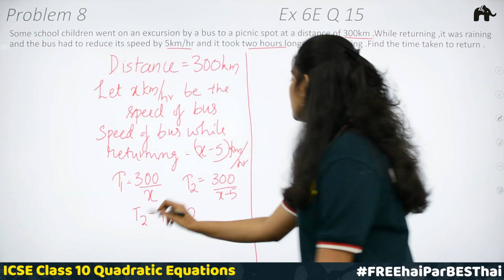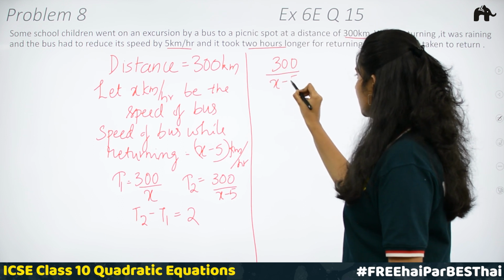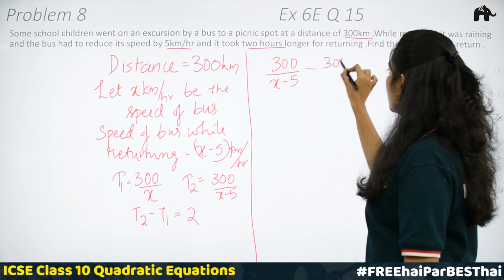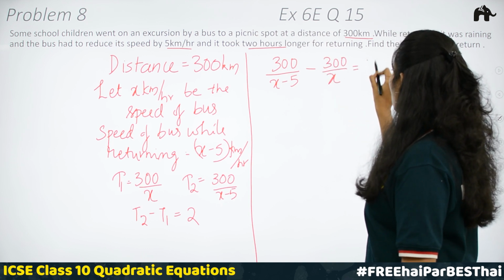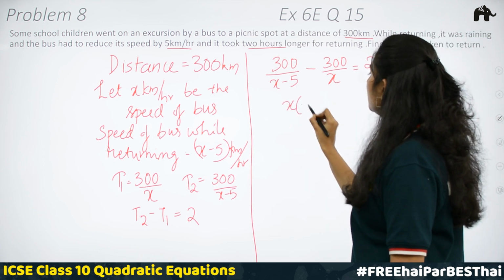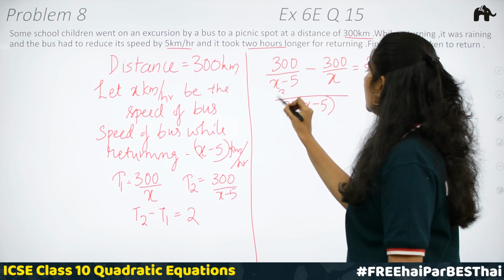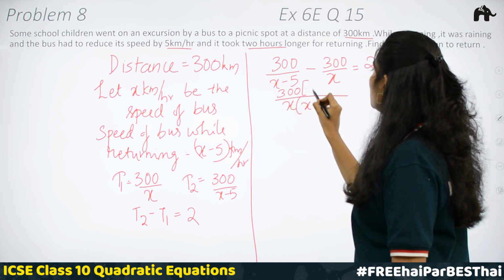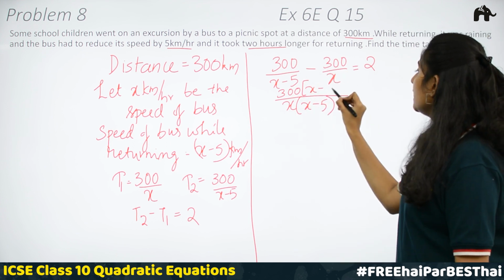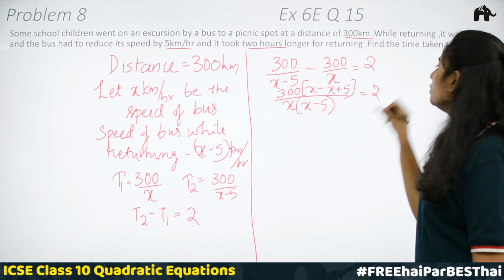Okay. What is T2? 300 divided by x minus 5, minus T1, which is 300 divided by x, is equal to 2. Taking LCM, x into x minus 5, numerator 300 is common, taking 300 outside, x minus x plus 5 is equal to 2.